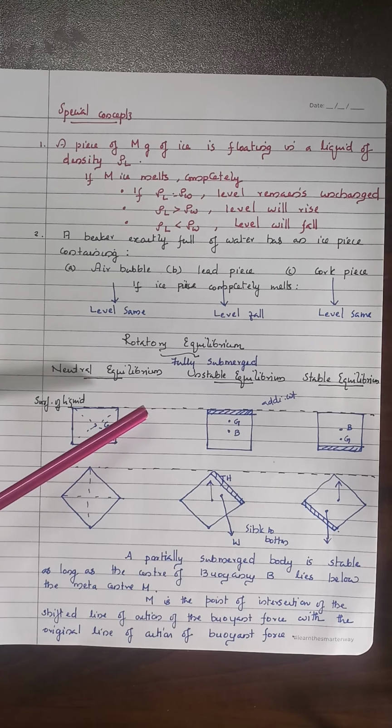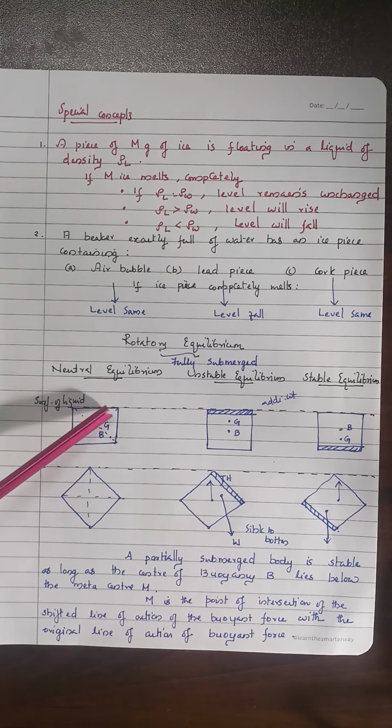A fully submerged body may be in rotatory equilibrium in three cases. In neutral equilibrium, keep in mind, the center of gravity and the center of buoyancy coincide. If you give a small tilt, that point never changes, and hence the body is in neutral equilibrium.